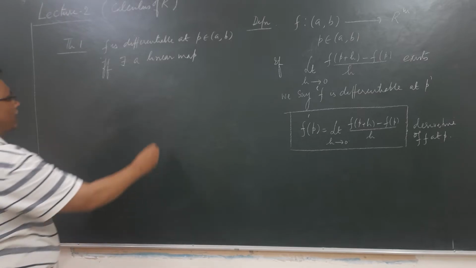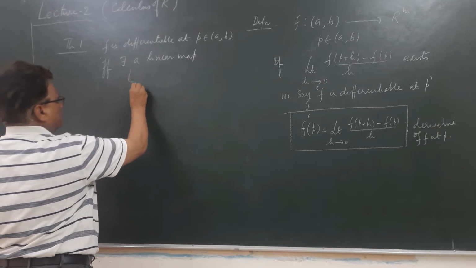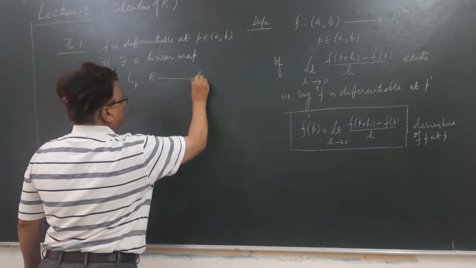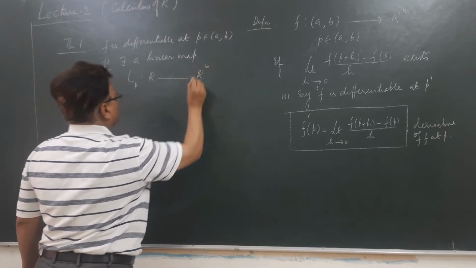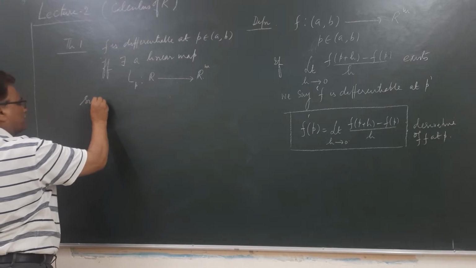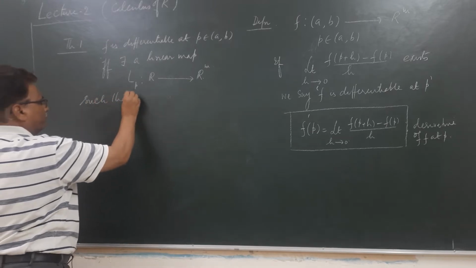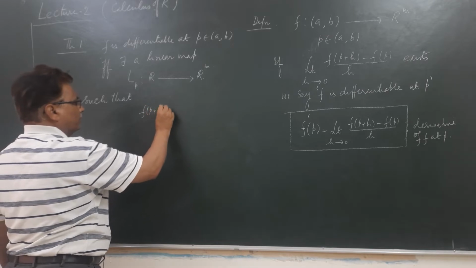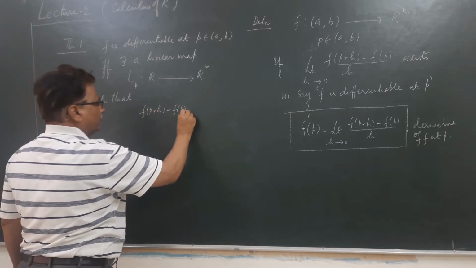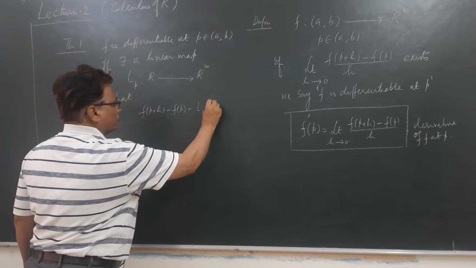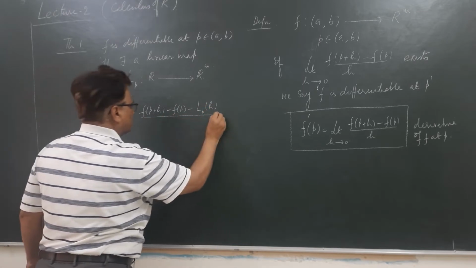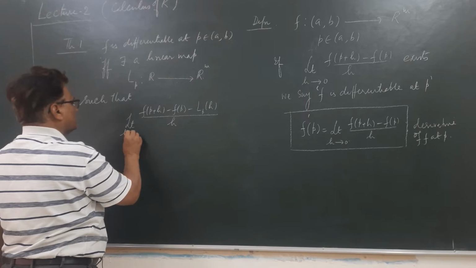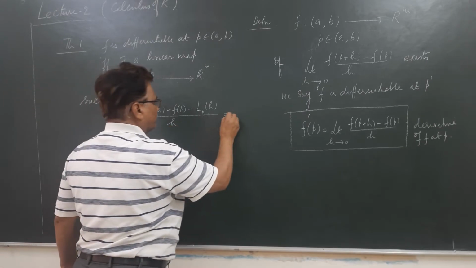let me call it Lp, from R to Rm such that the limit of f(p+h) minus f(p) minus Lp(h), upon h, is equal to 0.